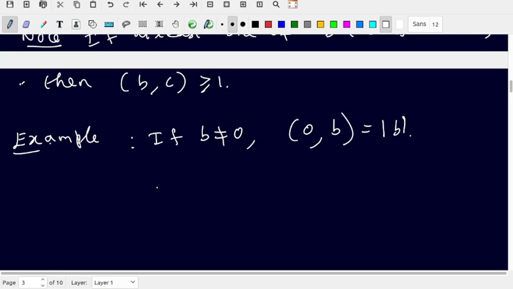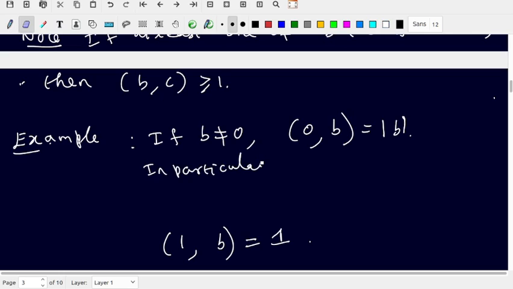Second, what is the GCD of 1 comma b, where b is 0 or not, no problem? The GCD of 1 comma b is always 1. In particular, if b is positive, then the GCD of 0 and b is b itself, right?